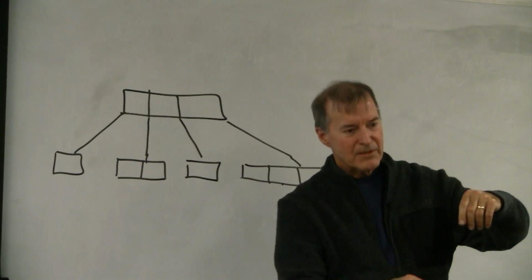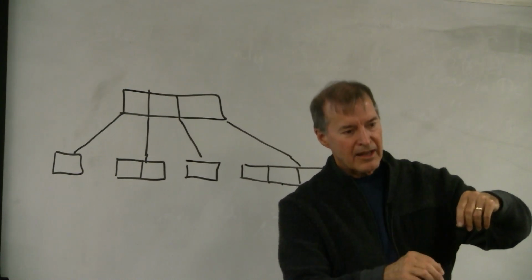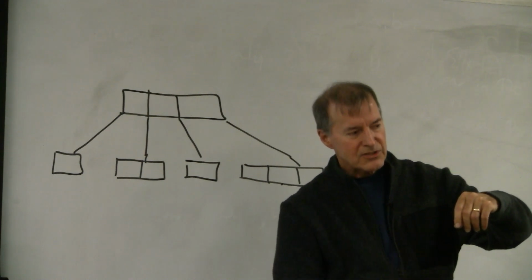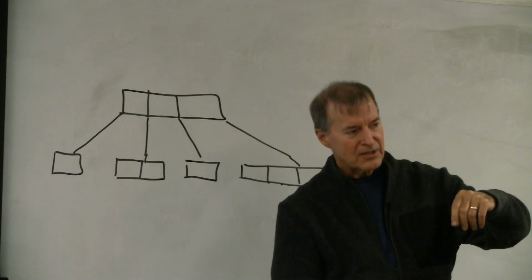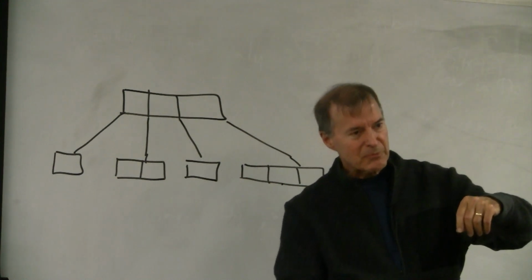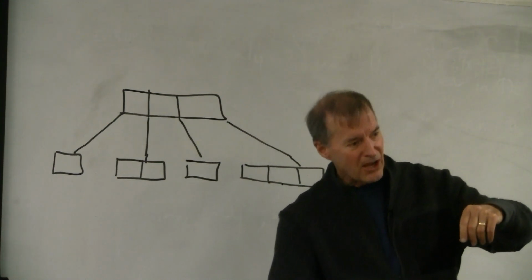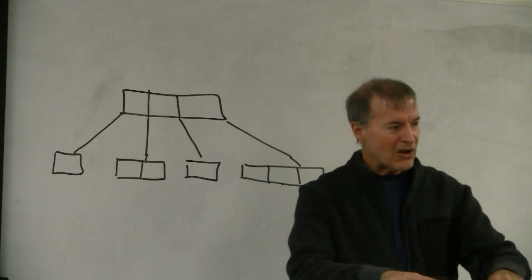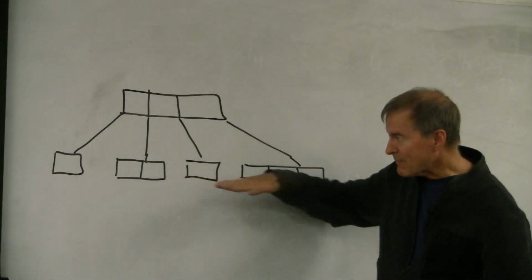Yeah, you're right. So the longest path to the leaf could not be more than twice the length of the shortest. You remember that? But it was allowed for there to be a little unbalanced. It could be longer. They weren't all at the same level, but here, everything's on the same level.